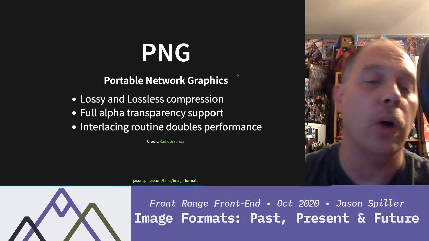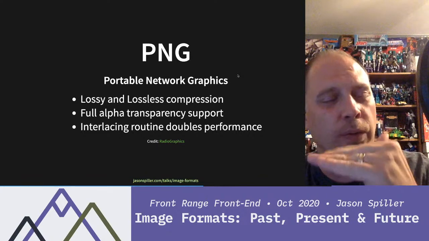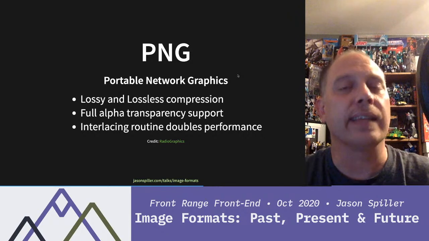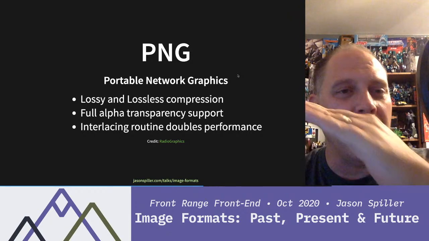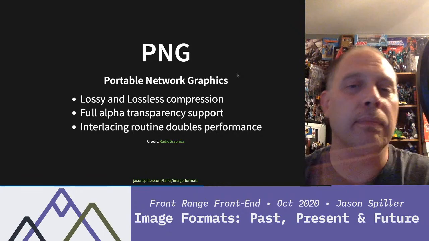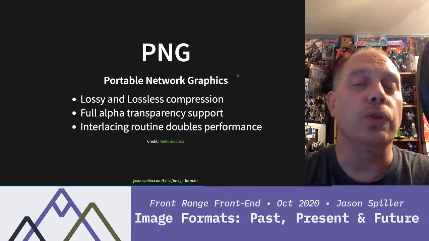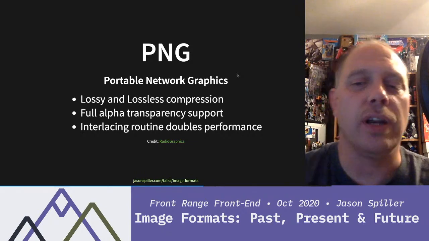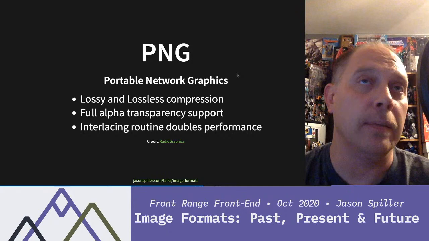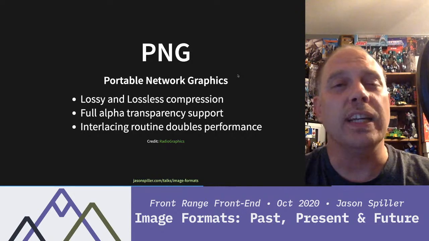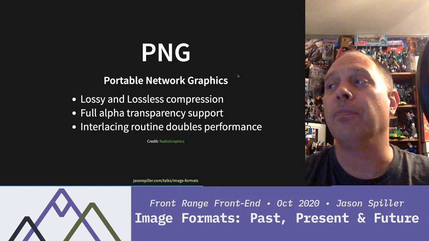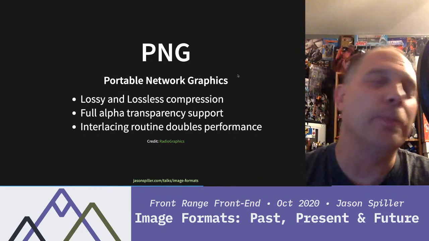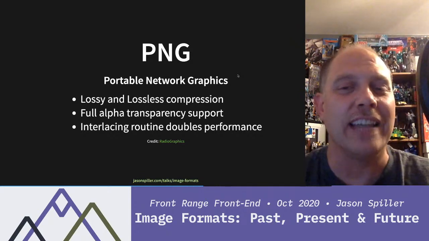So instead of GIF, where it would bring in just the odd rows, with a PNG, it starts displaying graphic content from the top, bottom, left, and right. And so you can get a somewhat clear representation of a photo, or of an image, I should say, with only 25% of the image being downloaded. Now again, should you ever be using images that take that long to download?